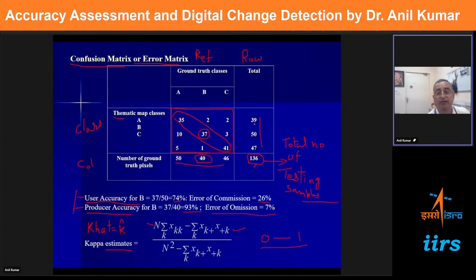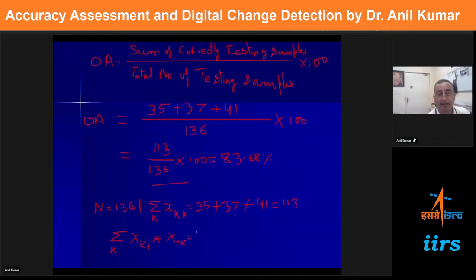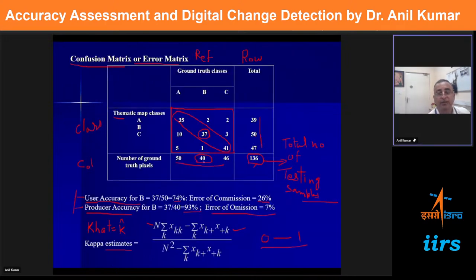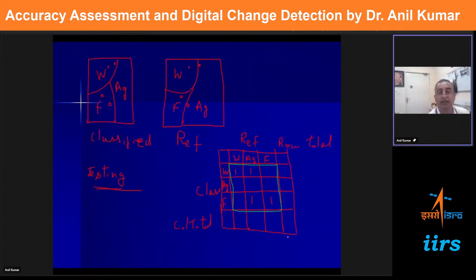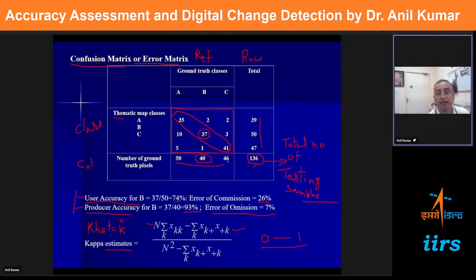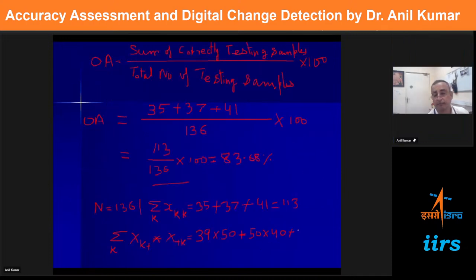So let's see, in the first case for class A, it is 39 into 50, plus 50 into 40, plus for the third class, it is 47 into 46.